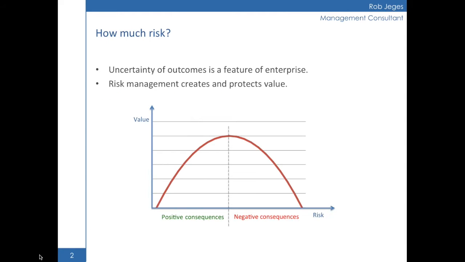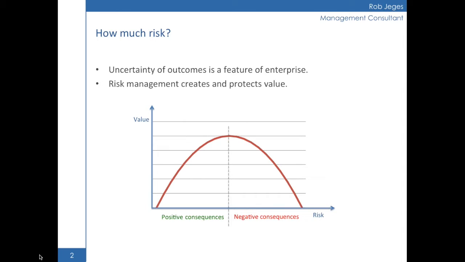Perhaps a good place to start is asking the question, how much risk is sufficient? Too much, too little? We know that risk and uncertainty are connected, and any enterprise that we try is going to be affected by risk. We also know that the first principle of risk management is to create and protect value.